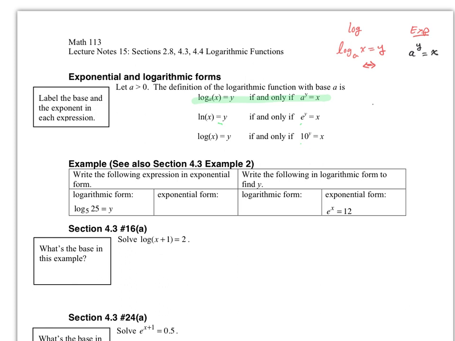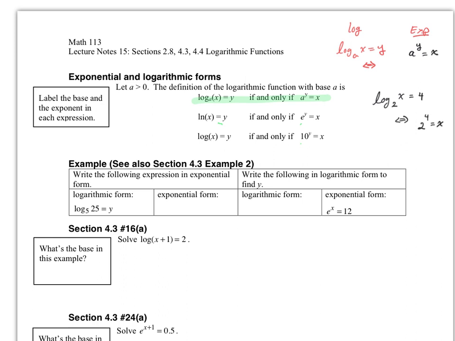So for example, you have, let's say, log 2 of x equals 4. The first thing you do is look for the base. The base is 2. So the exponential form will be 2 to the 4 equals x. And in this case, the answer will be 16.